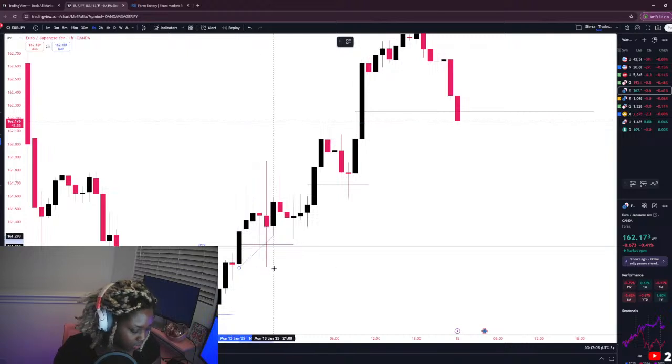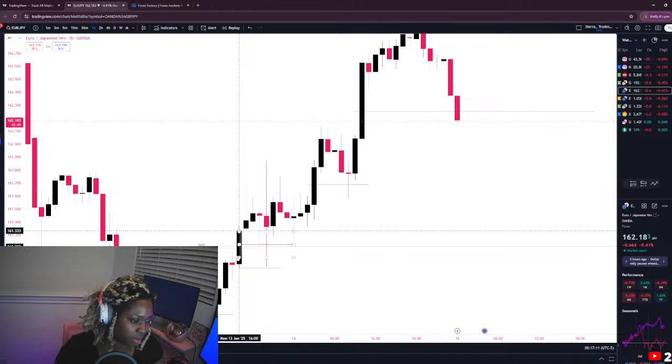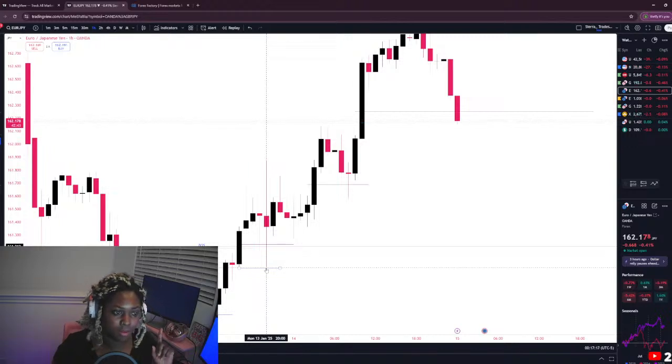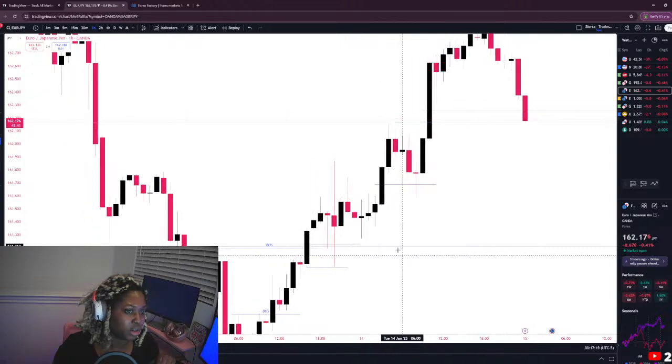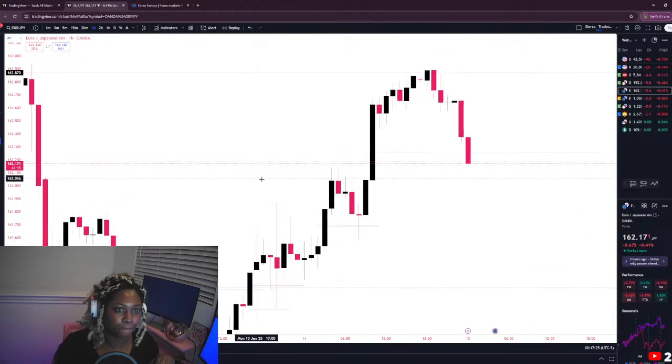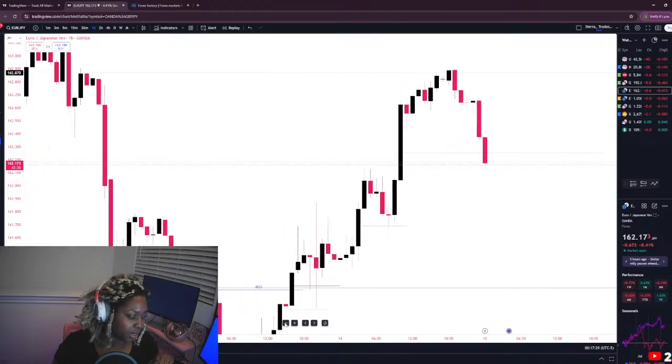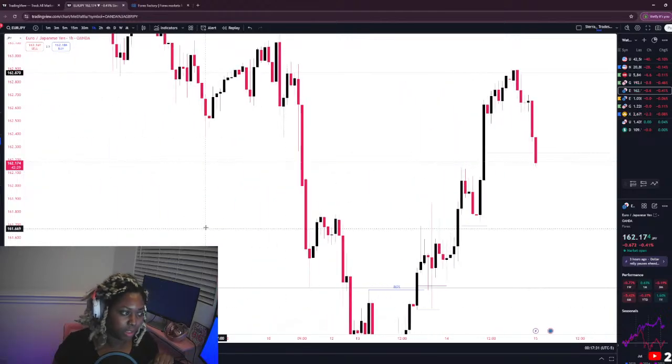But look what it did. Stop loss would be here because stop loss is at the low of the candle that created the gap. It came so close, but it did not hit stop loss, which is why I actually was still in this trade. I TP'd here at this gap right here. And then it continued to climb higher and hit the 50% perfectly.